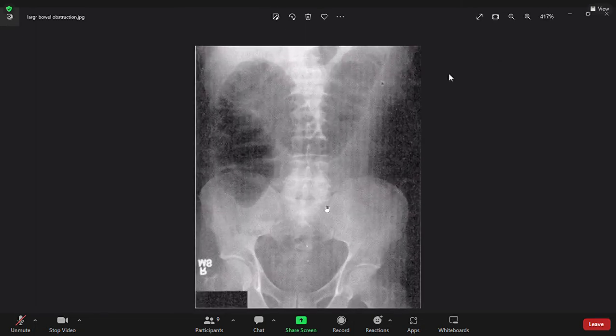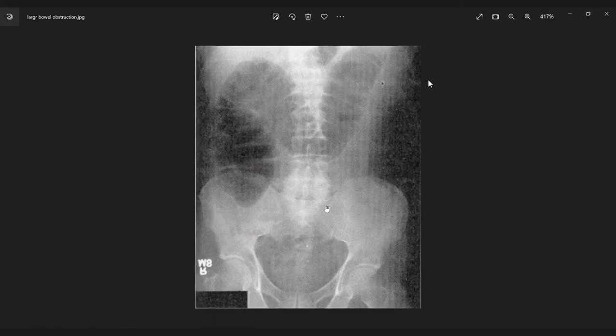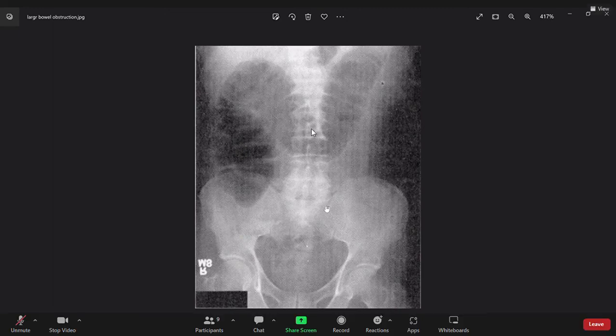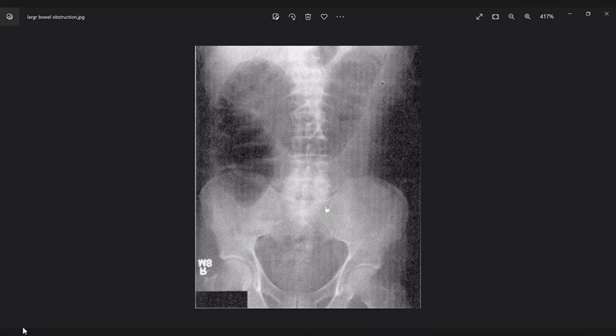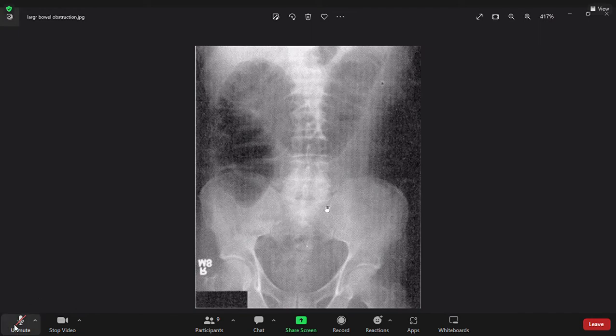Anybody want to hazard a guess on this film? What sort of a study is this? Come on, guys. What imaging modality is this? Come on, don't think too hard.